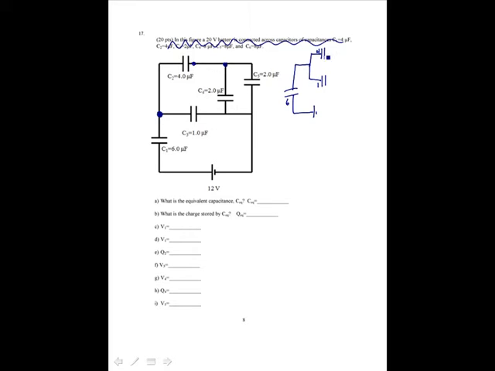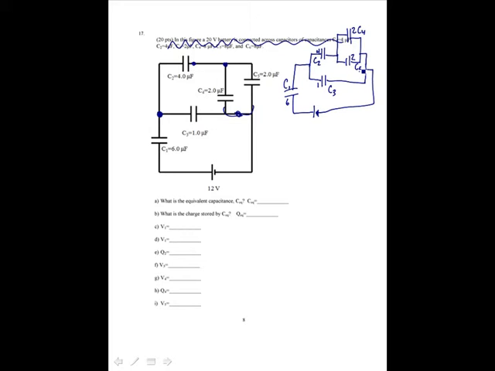You can go through either the 2 or the 2. Those two come back together, and then they meet up with the 1 microfarad capacitor. So the circuit looks like that. This is C1, this is C2, C3, and then C4 and C5.